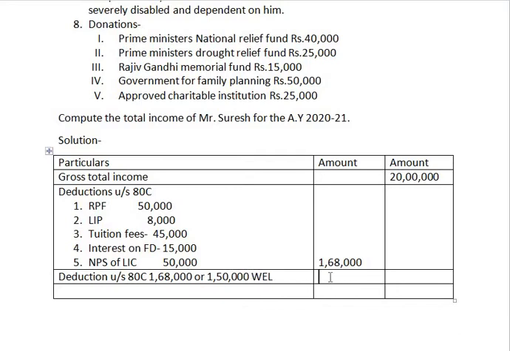So the deduction is 1,50,000. We can take this amount in inner as well as outer column, 1,50,000. 1,50,000 rupees is deductions.